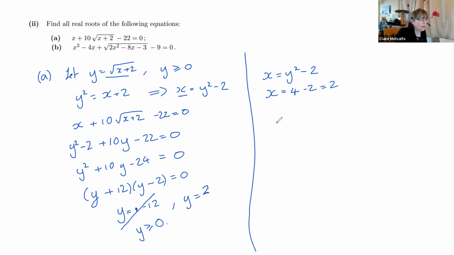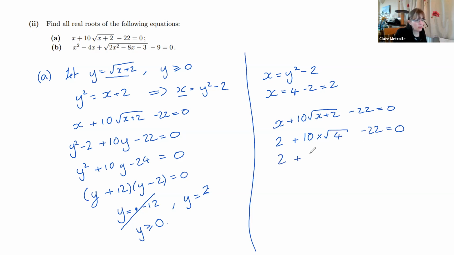And if we substitute it into x plus 10 root x plus 2 minus 22 equals 0, this stage isn't strictly necessary, but it's a good idea just to test your solutions. So we get 2 plus 10 times 2 minus 22 equals 0. I'm pretty happy about that.